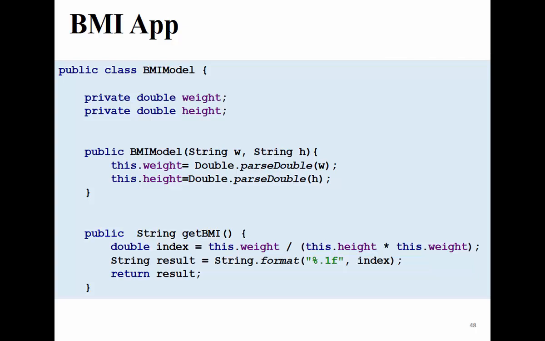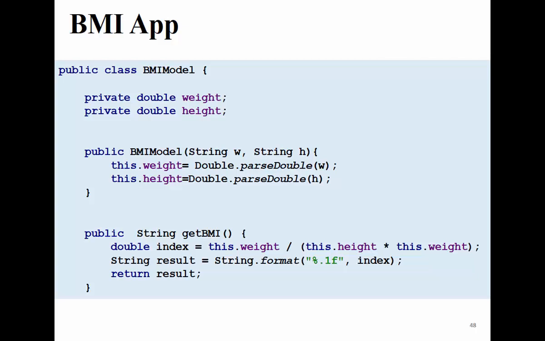Because you are within the same class, you can access these private attributes directly using this dot weight and this dot height, and then we convert the string to double.